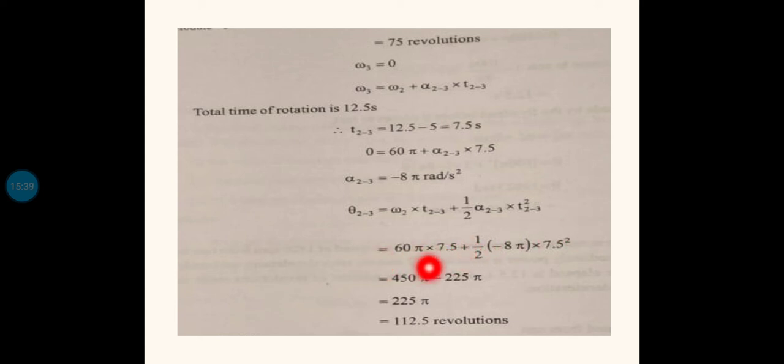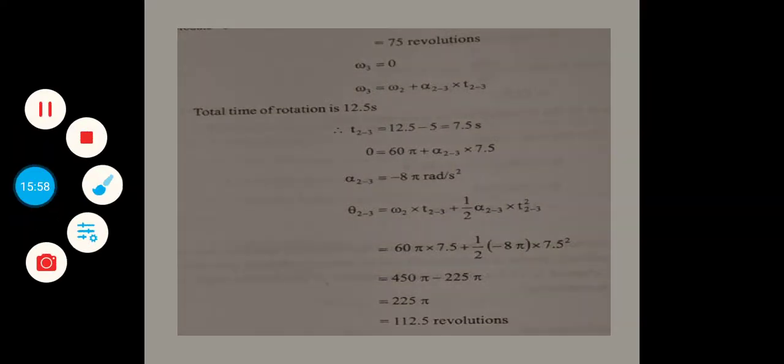From this equation we get theta 2 3 equal to 225 pi. This is the angular displacement; divided by 2 pi it gives the total revolutions. So 225 pi divided by 2 pi is 112.5 revolutions during the retardation. So this is all about the numerical.